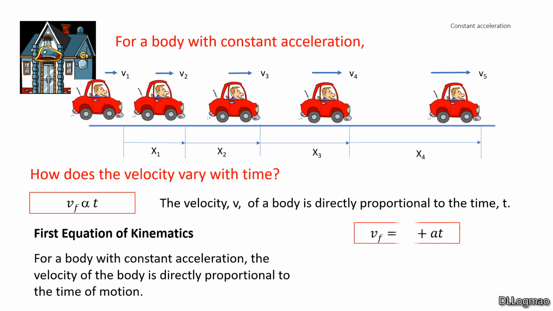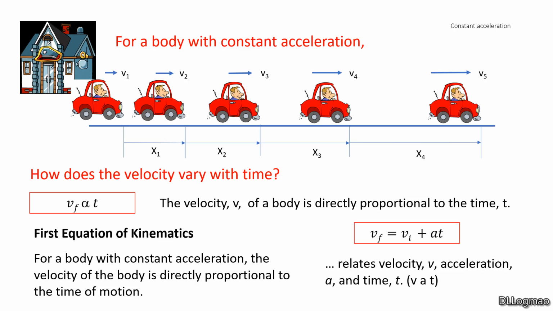The first equation is final velocity equals initial velocity plus the product of acceleration and time. The first equation of kinematics relates the velocity, acceleration, and time, v, a, t.